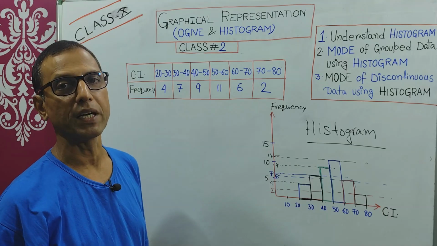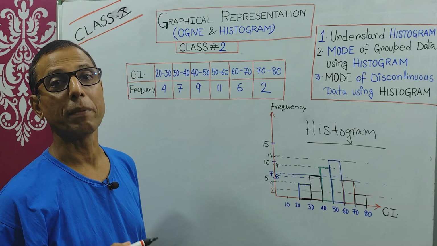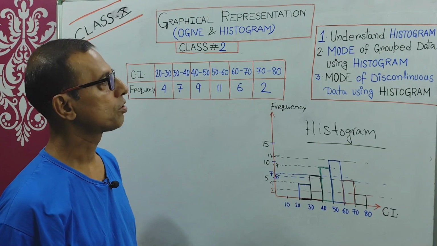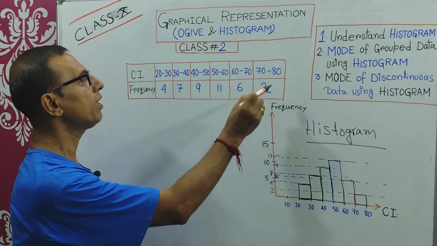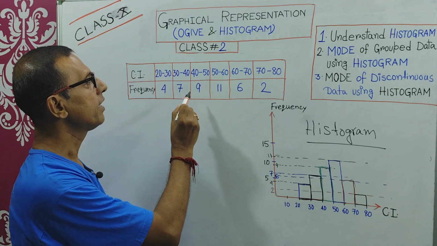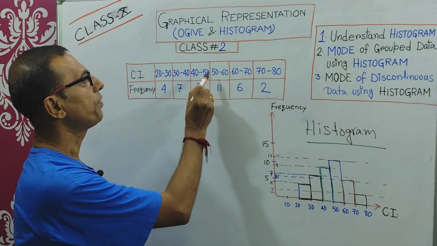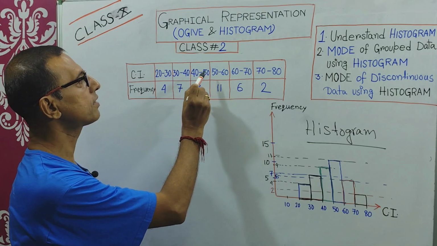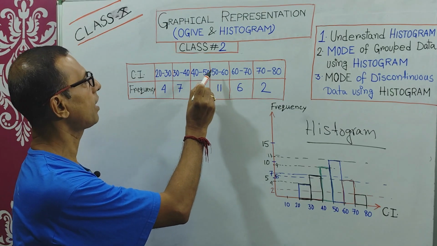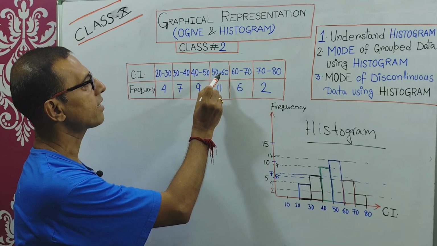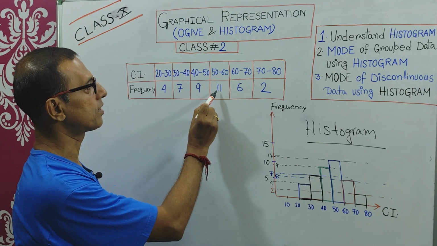Similarly, you can easily see that the 50 to 60 class interval has the highest frequency, 11.